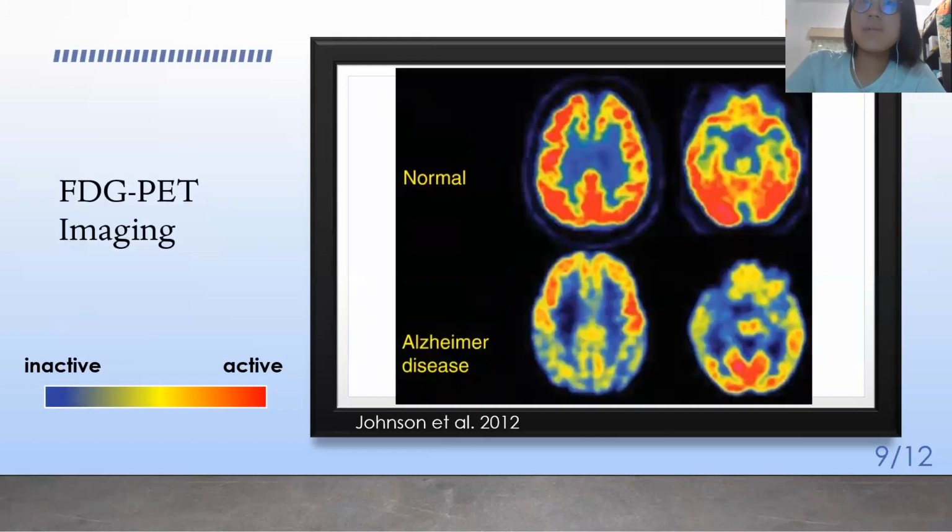The third method is called FDG PET imaging. FDG is an analog of glucose, which is the main energy resource in our brain.